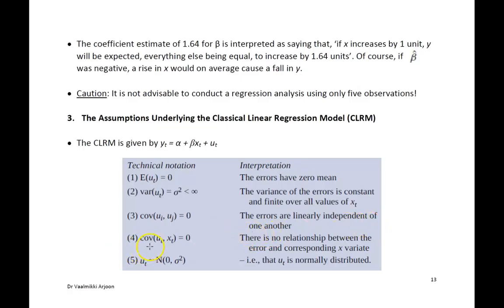The covariance, right, of the error term at time t and the corresponding x variable is also equal to 0. So there's no relationship between the error and the corresponding x variable. And the error term is normally distributed with a mean of 0 and a variance of sigma squared. So these are the assumptions of the classical linear regression model.